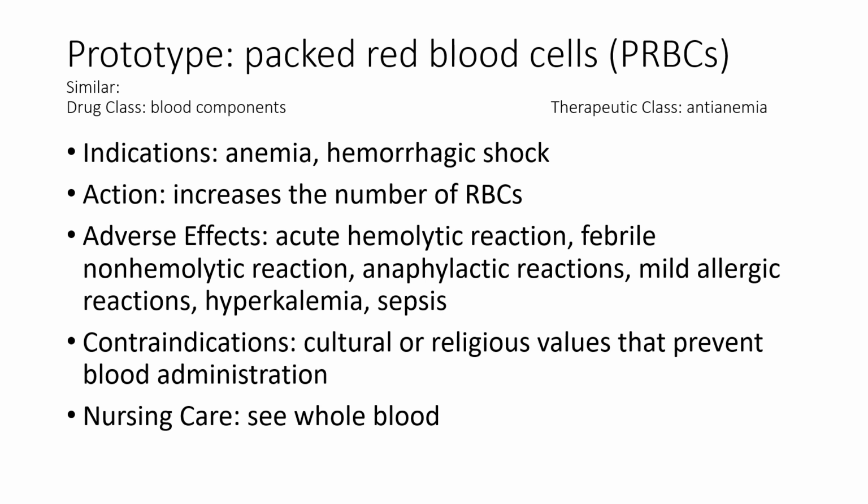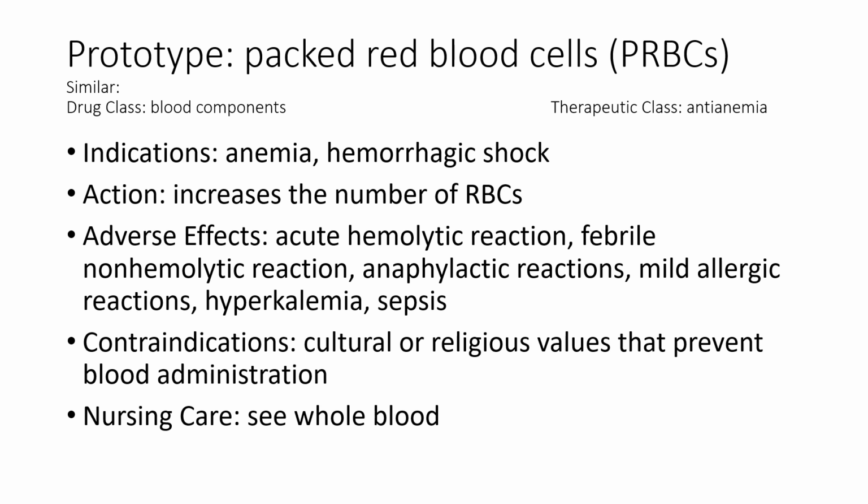So sometimes we have to give 2 or 3 units of packed red cells to get them to a decent hemoglobin level. We also use packed red cells in hemorrhagic shock. So if you're bleeding to death, we want to replace your blood loss with blood. And often if someone is bleeding to death, not only do we replace the red blood cells, but now we start to have to replace the platelets, and we have to add fresh frozen plasma, because that is actually what the patient is losing.